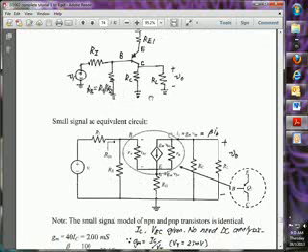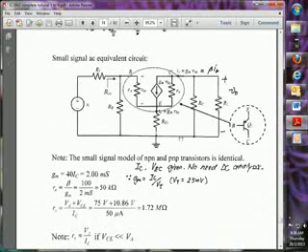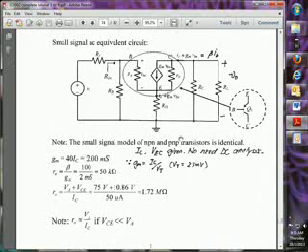One thing to note is that with R0 open, IC is basically equal to gmVBE, and gmVBE is equal to beta IB, which is equal to IC. gm is equal to IC divided by VT.